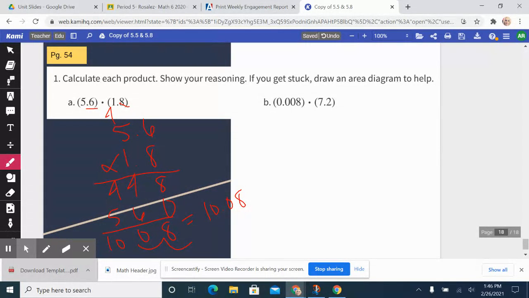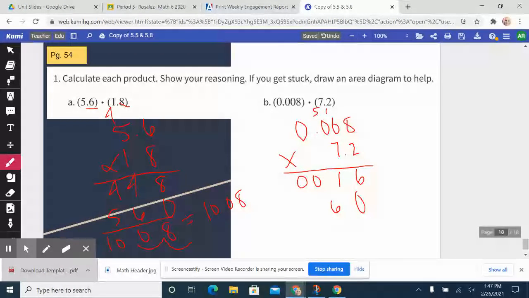And then our last one. So we have 0.008 times 7.2. Remember, you don't line up the decimal. All you do at the end is count the decimal places. So 8 times 2 is 16. 2 times 0 is 0 plus 1. And then you have 0, placeholder. Then you have 7 times 8, that's your 56.